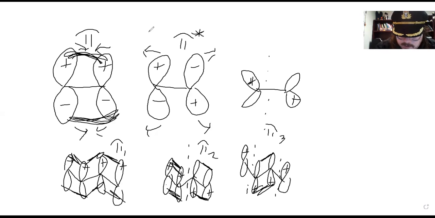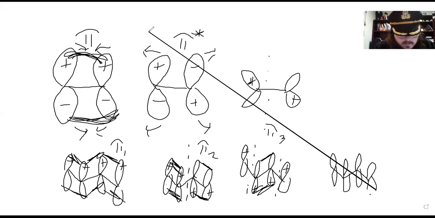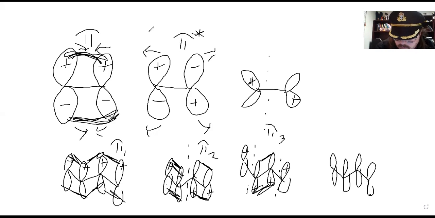Then finally, for the last one, pi 4, you're going to have as many different orientations as there are p orbitals. Plus, minus, plus, minus. In pi 4, we have three nodes. All of the interactions are antibonding. There's no overlap of our p orbitals.